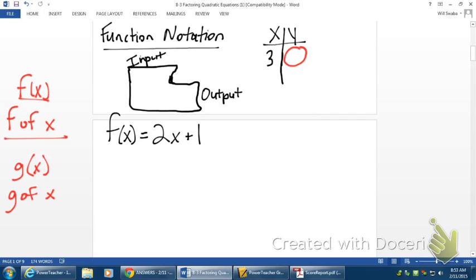Now, this is how you solve this. So we're going to have an input of 3. Okay? So we're going to input 3 into our equation in for x.